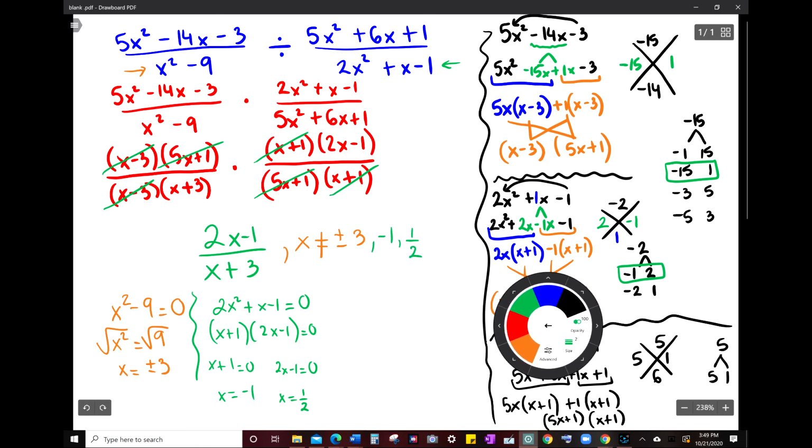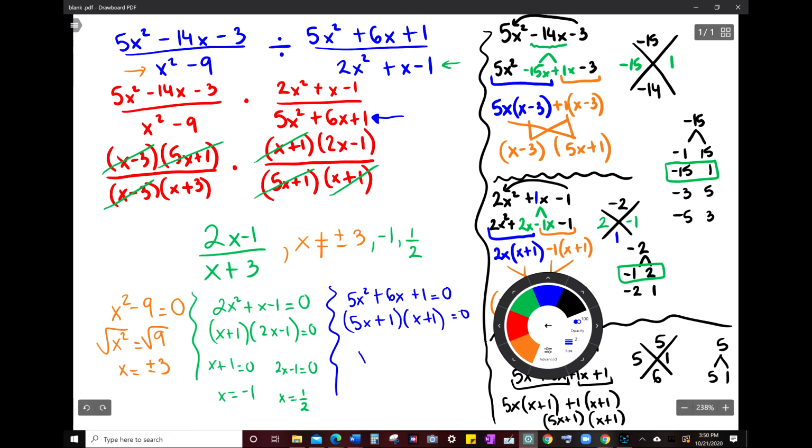Okay. However, this is a little bit tricky because this is a division. Therefore, when you flip it, you also have another part at the denominator, which is this one right here. So then I also set up 5x squared plus 6x plus 1 equals 0. And we already factored it out. So we have 5x plus 1 and x plus 1 equals 0.